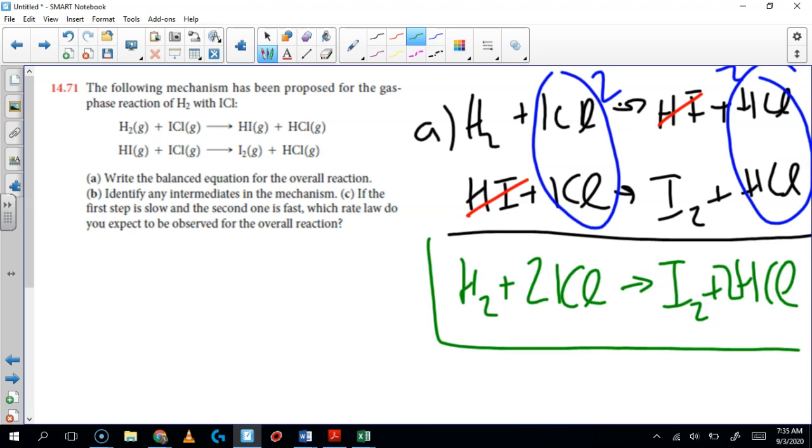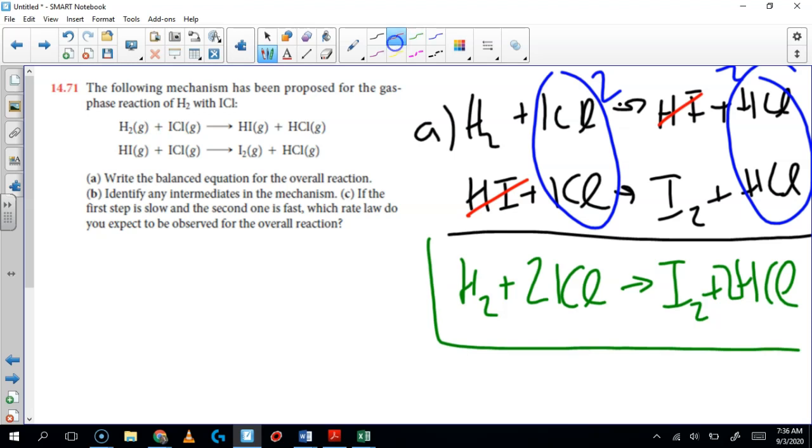And then it says identify the intermediates, if there are any intermediates in this reaction. An intermediate is something that is made in one step but is then consumed in another step. So it's the product in one of the steps and then is consumed. That way it's not part of the overall reaction, but is part of the steps that lead to the final answer.